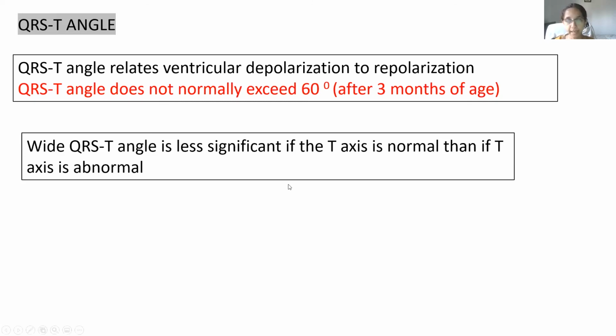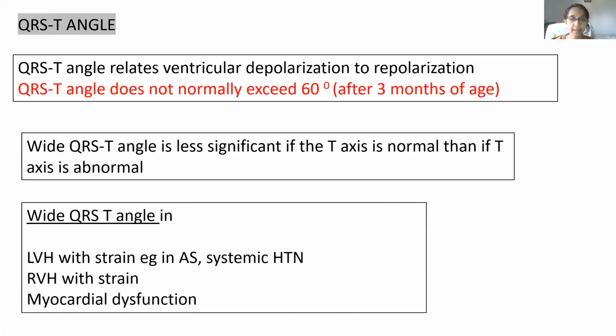But remember that the T axis is more important. A wide QRST angle is less significant if the T axis is normal rather than having a T axis abnormal. So do not skip that step of understanding the T axis. Once you finish that, then you calculate a QRST angle.